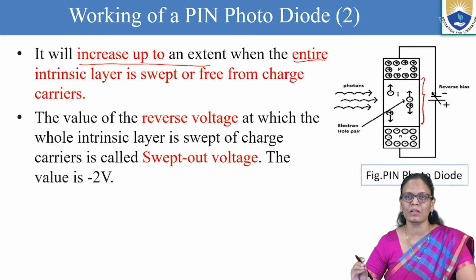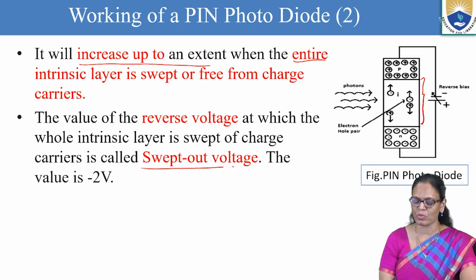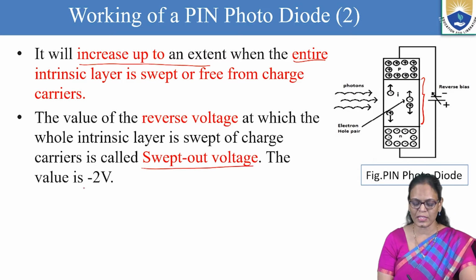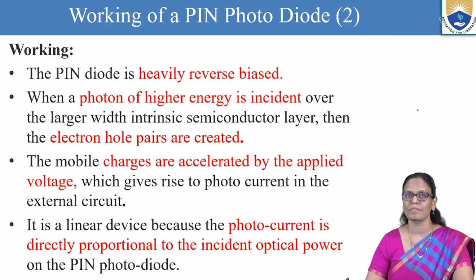This particular voltage at which all the charges are swept out, we will call the swept out voltage, and this is around -2 volts. It is the voltage at which all the charge carriers are swept out from the intrinsic layer.